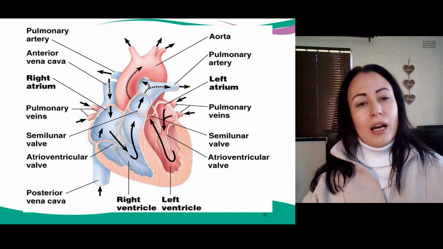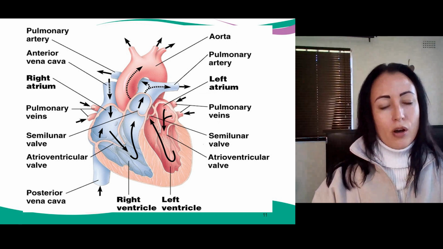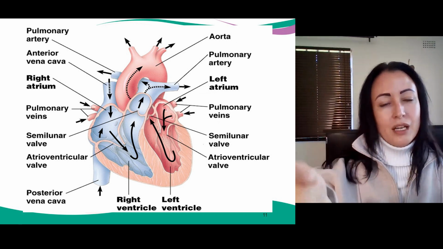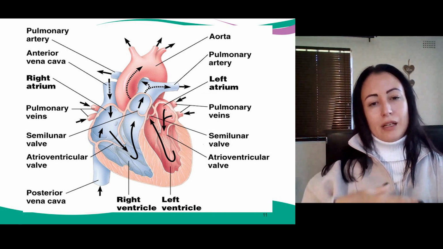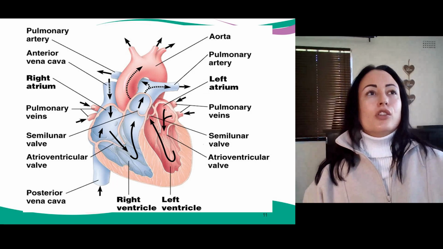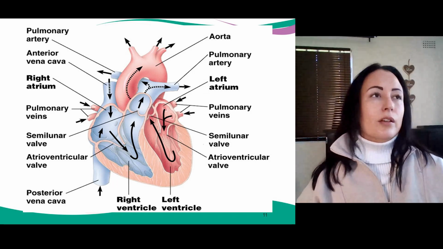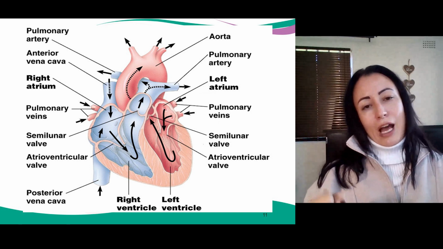Now, the reason why it's going to the lungs is because we need to go drop off the carbon dioxide so we can breathe it out, get some new oxygen, and then let it be transported around the body, the different blood vessels. So you can almost think of it as like a system of you driving around in an Uber.